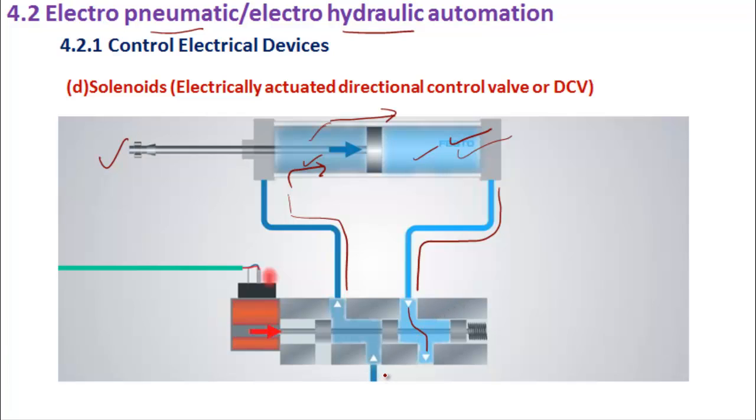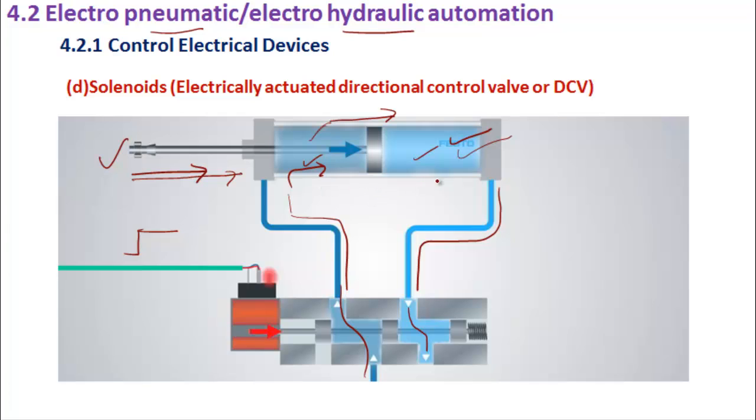So now we have opened the pressurized air to enter through here so that the piston is moved back. When we are applying some particular electrical signal, this one moves back.